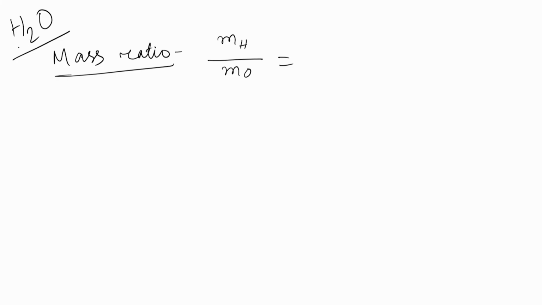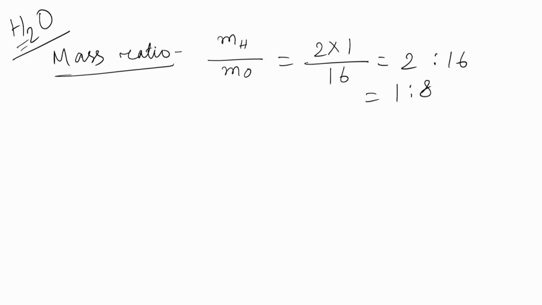So we have 2 hydrogen atoms in water, so it will be 2 into 1, divided by the mass of oxygen. There is only 1 oxygen, so 16. So the ratio comes as 2 to 16 or 1 to 8.